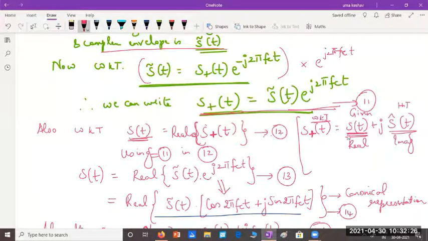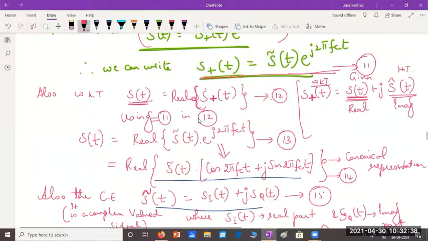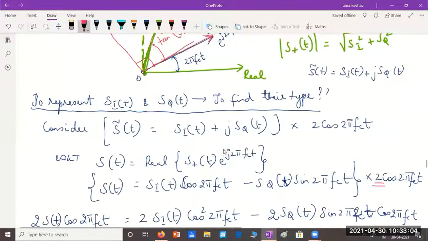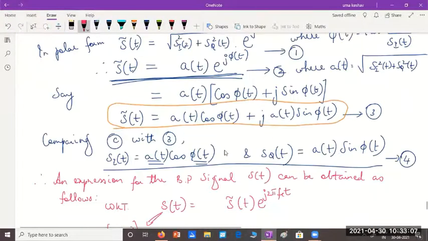So S of t is the real part of S plus of t, and this S plus of t is linked to the complex envelope as the complex envelope of S of t into e power j2 pi fct. So I'm trying to write an expression for the bandpass signal in the polar form. So I'm writing the expression for S of t like this: the real part of S tilde of t into e power j2 pi fct. That's what we have written.